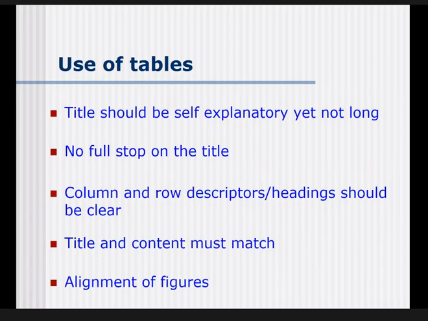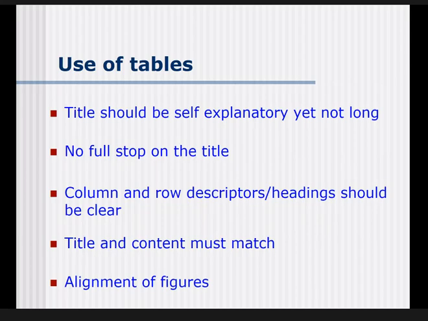When you are drawing a table, it will have columns and rows. And the columns will have what they call descriptors or headings. And these headings of the rows and the columns should be very clear. If they are not clear, then nobody will understand the content of the table.